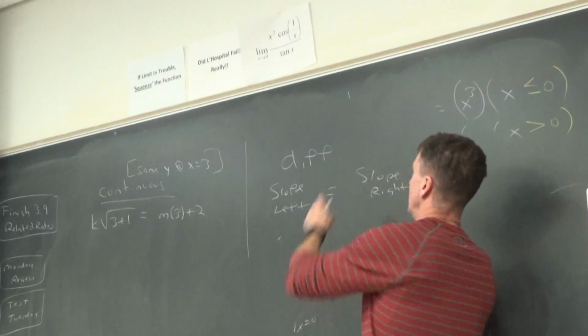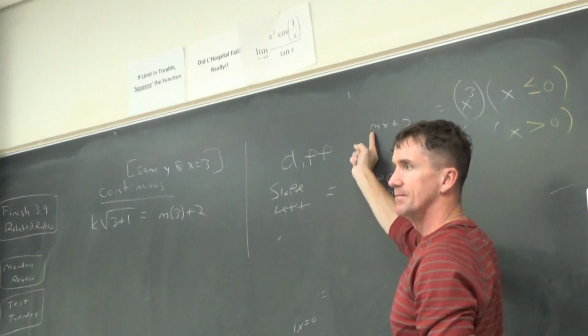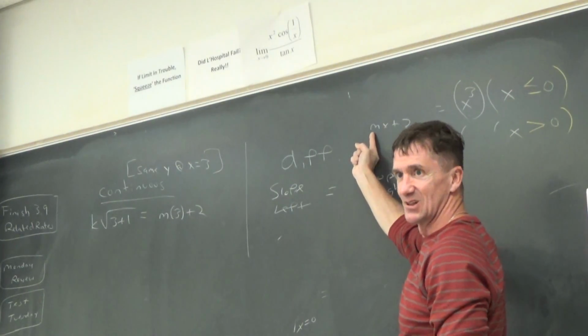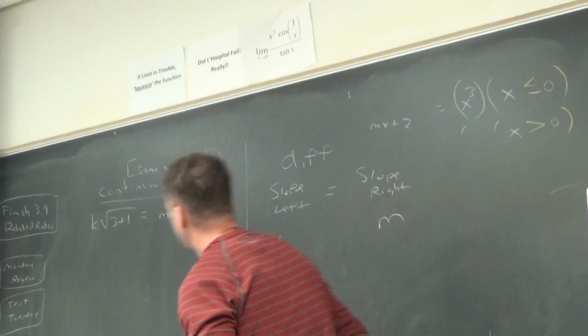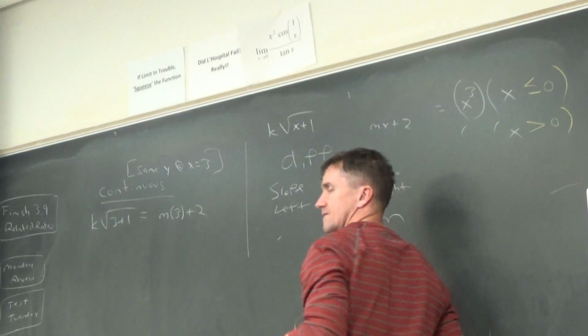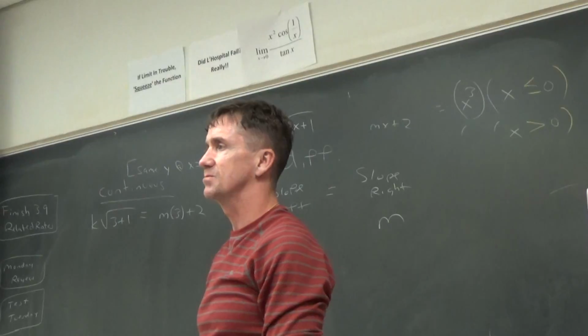The slope from the right: it says mx plus 2. Do you agree the slope from the right is just m? Good. Here's the hard one, you have to help me out. What's the slope of the left equation? I need the derivative of k times the square root of x plus 1.